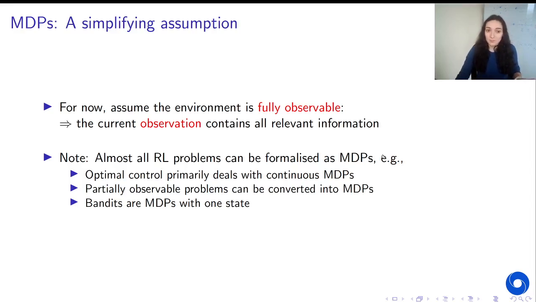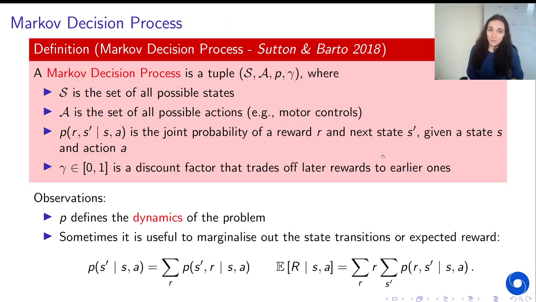The other example is partially observable problems. Although this seems to violate the first assumption we made, we can show that even these models can be converted into an MDP given the right history. Even things that you've seen last week, which are bandits, can be formalized as an MDP with just one state. Without further ado, this is the definition of a Markov decision process as presented in the book.